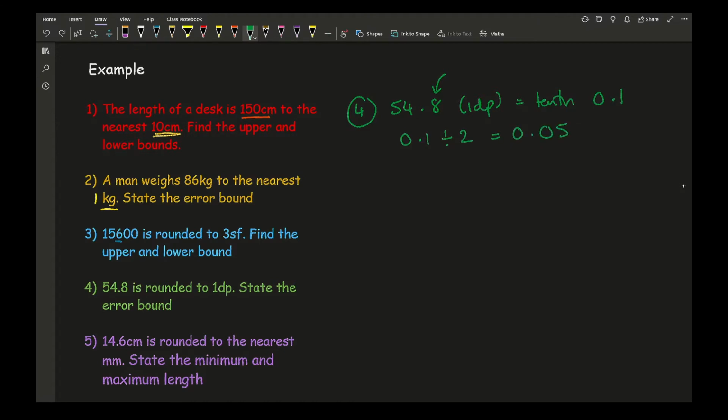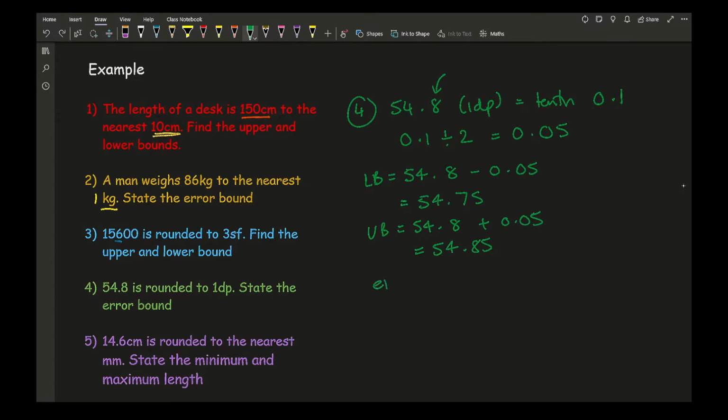So for my lower bound, it's going to be the original number, which was 54.8, and I'm going to take away 0.05, which gives me an answer of 54.75. And the upper bound is going to be 54.8 plus 0.05, which gives me an answer of 54.85.